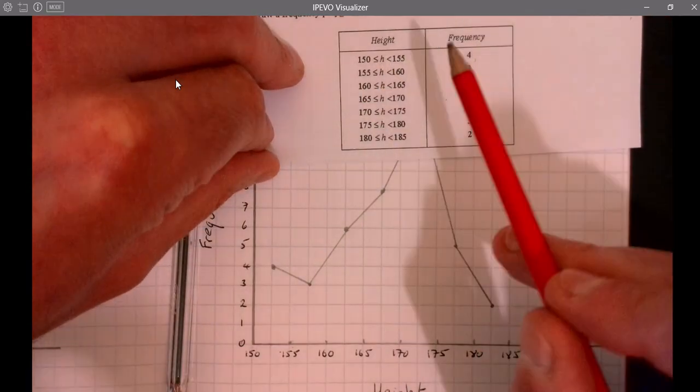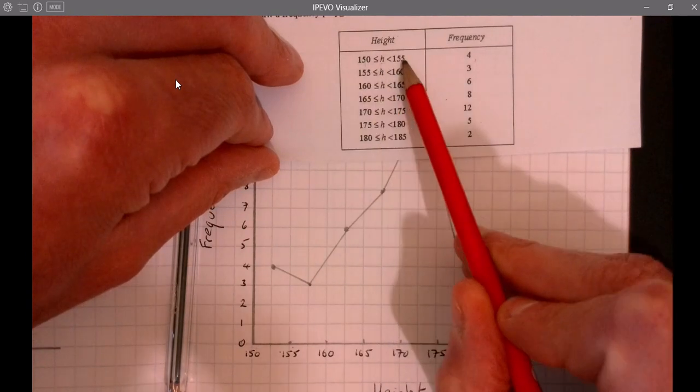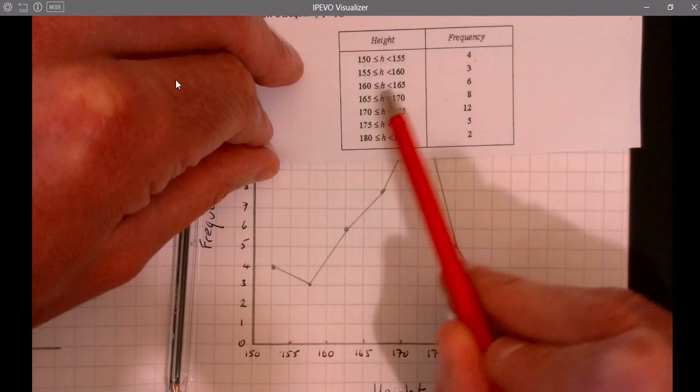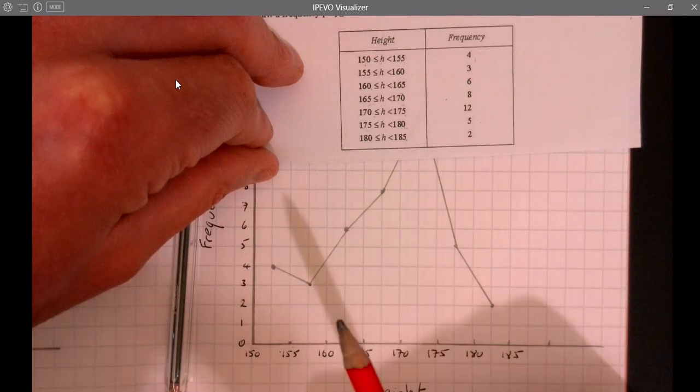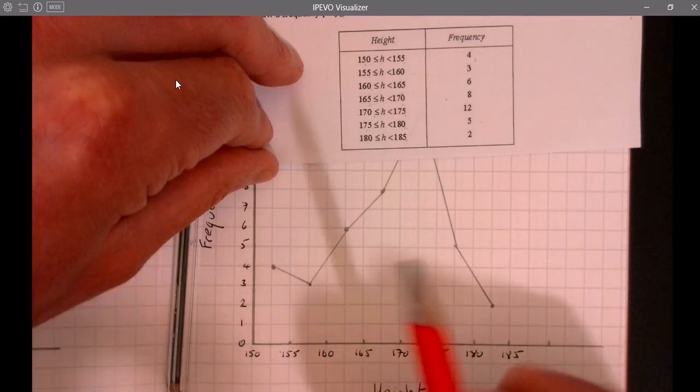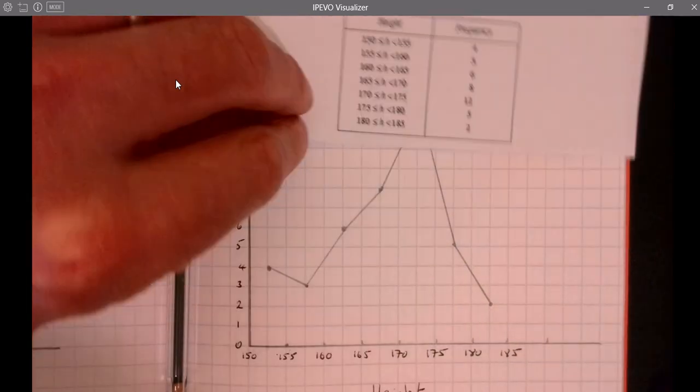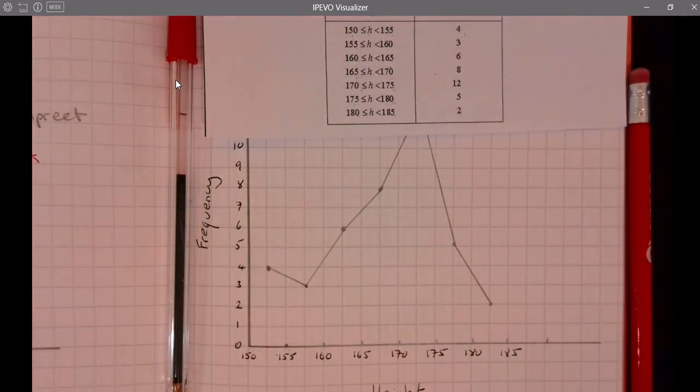Now note, this only works nicely because these intervals are all the same. If they're not the same, then maybe a frequency polygon isn't the right idea, but that's a different lesson. Alright, so you can have a go at a few questions on this and draw a few frequency polygons.